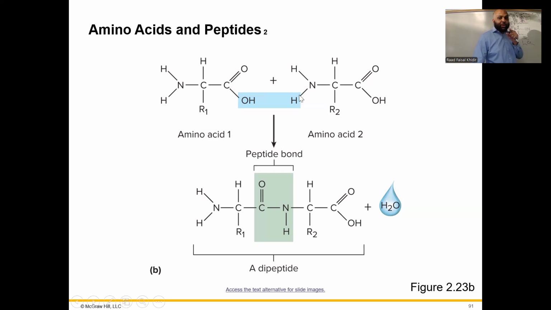The amino terminal gives 1 H, and the carboxylic terminal gives OH. What does that look like? H2O. So we remove the water. Is this dehydration or hydrolysis? Dehydration. Water left. They are both connected. That's a peptide bond.